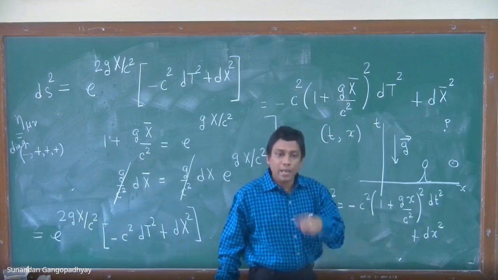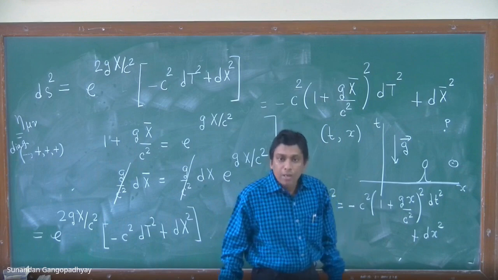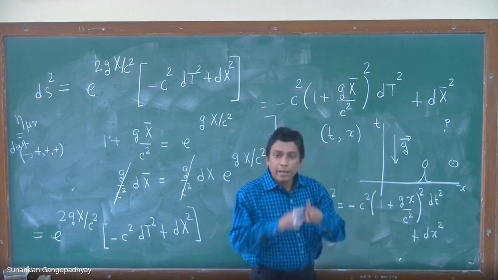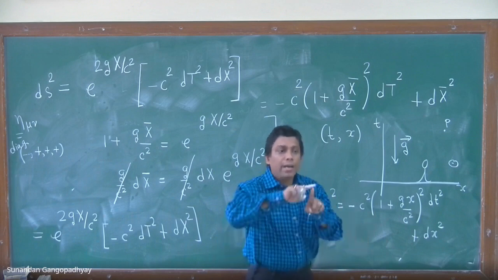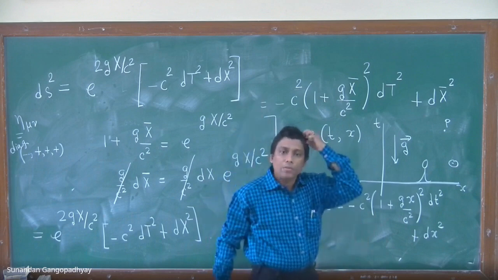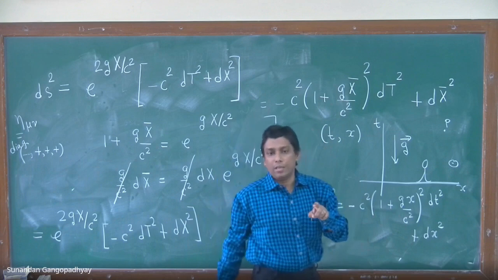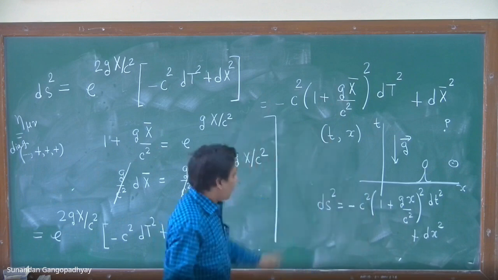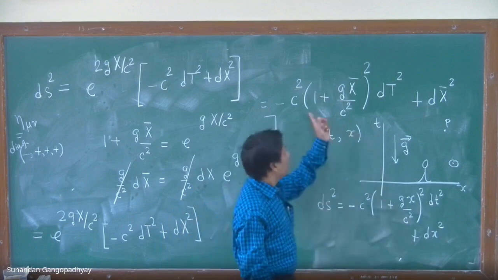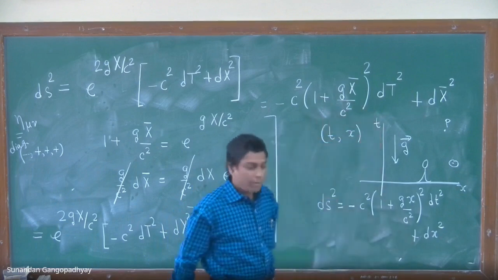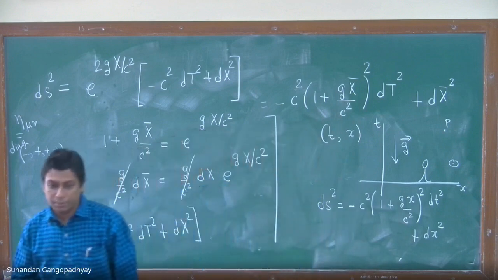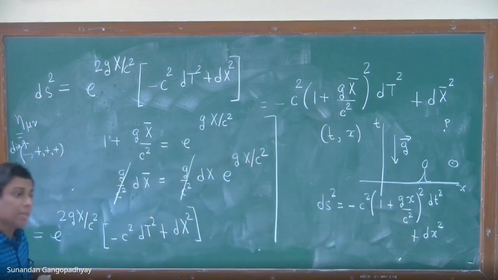We have taken the help of Einstein's equivalence principle and converted this problem to an equivalent problem where there is no gravitational field and the observer is moving with uniform acceleration. And that we can do by that quote unquote equation. From there we calculated that metric, which is this. Now you apply the equivalence principle and write the metric in a uniform gravitational field. But you can derive it in a different way also.